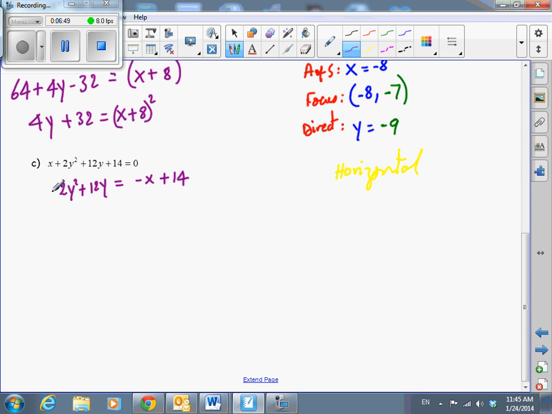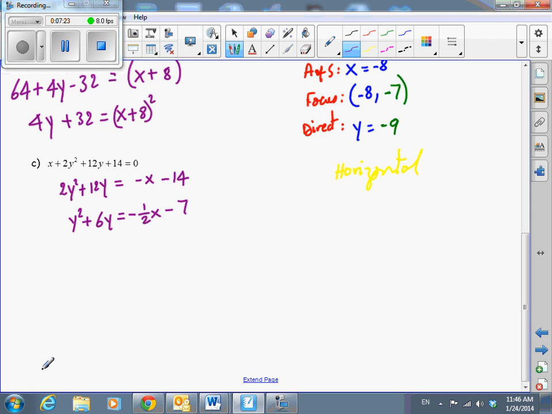Because I do not want to have a number in front of y squared, I will divide everything by 2 to get y squared plus 6y is equal to negative 1 over 2x minus 7. Negative 14, it tells me that you're paying attention. You understand why I divide by 2?